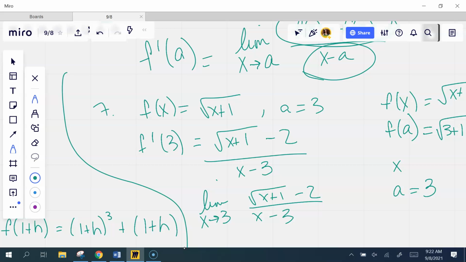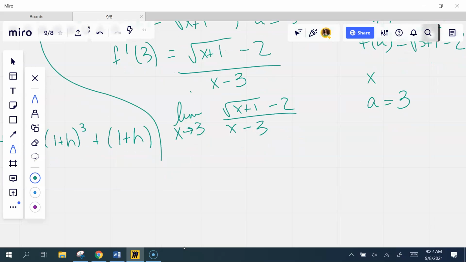So how do we solve it from there? What are we going to do? Give me just a little second to copy it. We're going to have to do a little manipulation. She got the 2 from the square root.